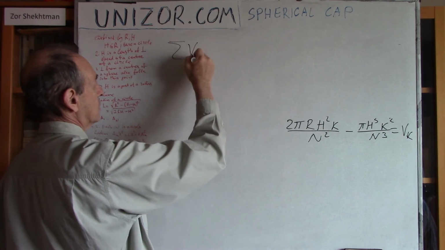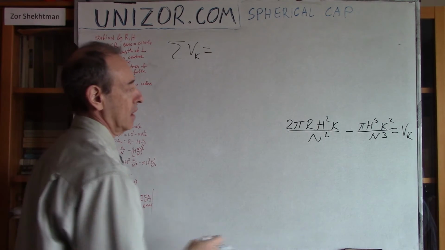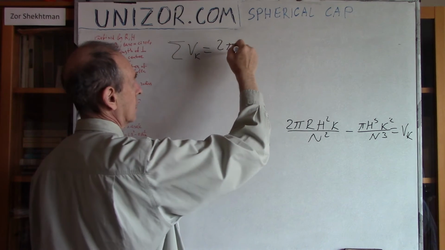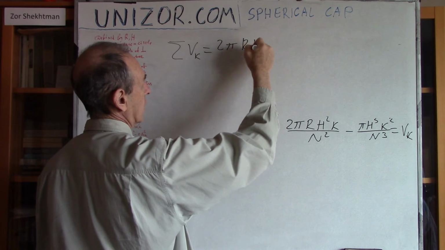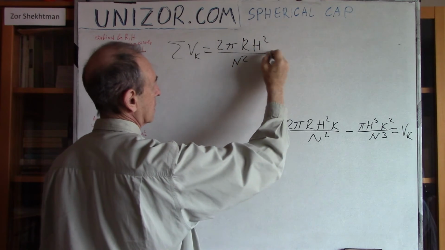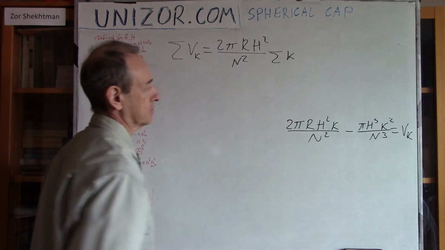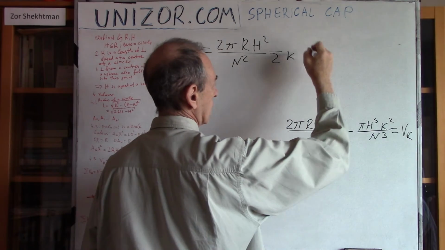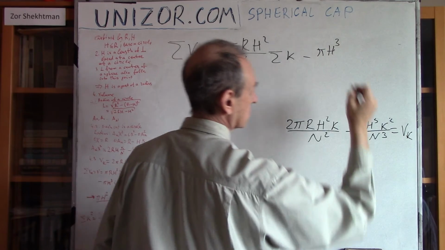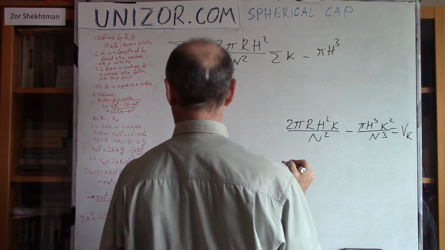Sigma v_k equals the sum of these, which is 2 pi r h square divided by n square sigma k, minus pi h cube. Is it h cube?